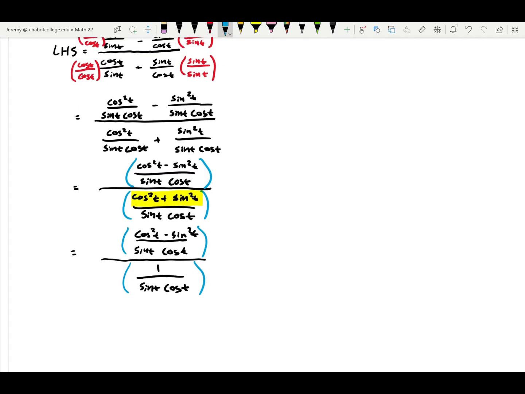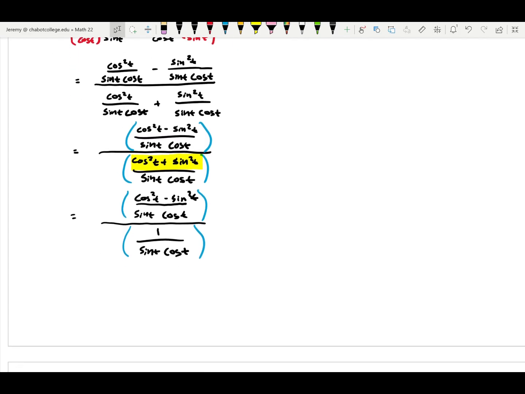All right, and at this point I have a fraction in the denominator. Remember, I can just multiply by the reciprocal of that. So I'm going to do that in the next step. So then I'll be out of the fractions inside of fractions scenario, which is a difficult one to be in.